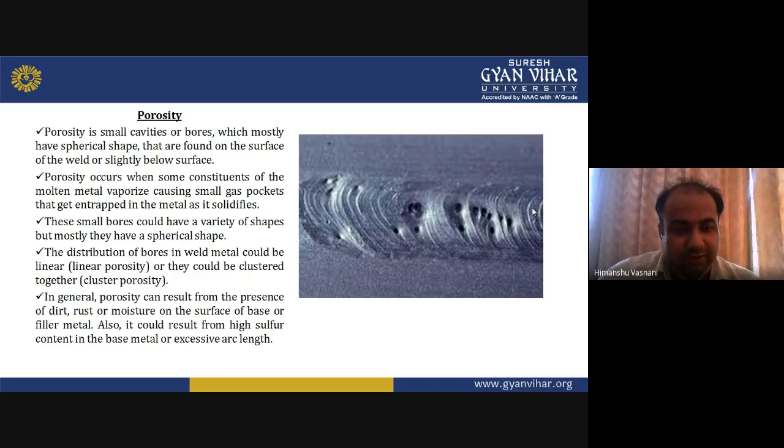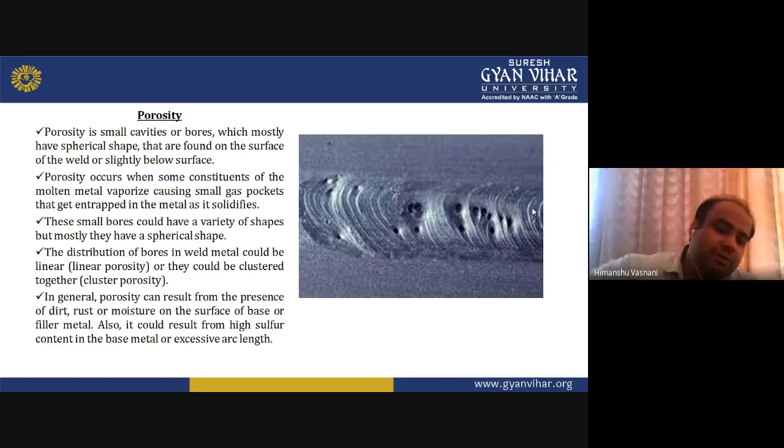See, these are the various things showing that porosity can occur due to the presence of dirt, rust, or moisture in the filler material, and if there is high sulfur content, then also it occurs. So this discontinuity is commonly found out, so you can easily understand.